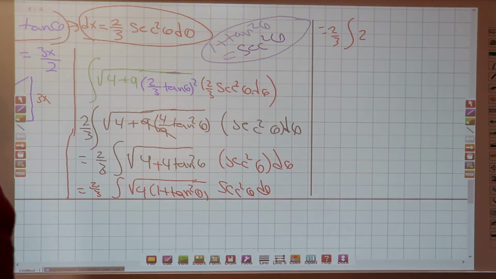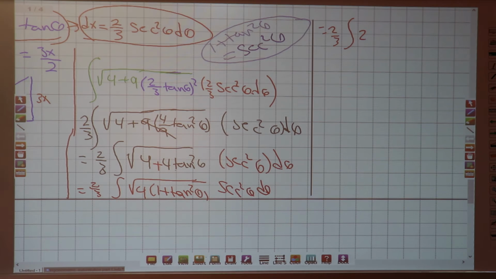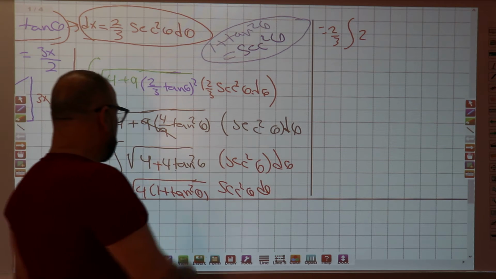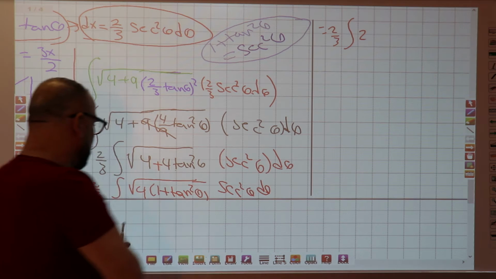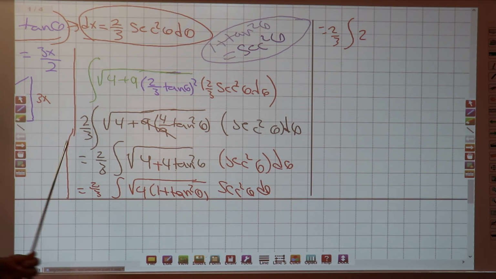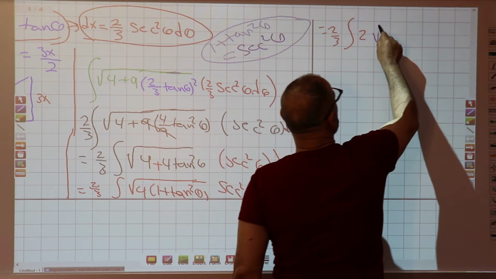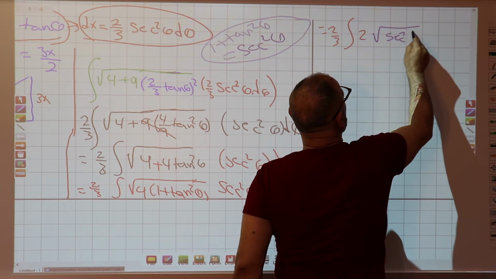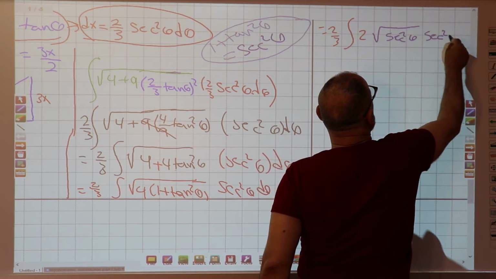Remember, 1 plus tan square theta equals secant square theta. Then the square root of 4 is 2. And square root of secant square theta, and secant square theta d theta.